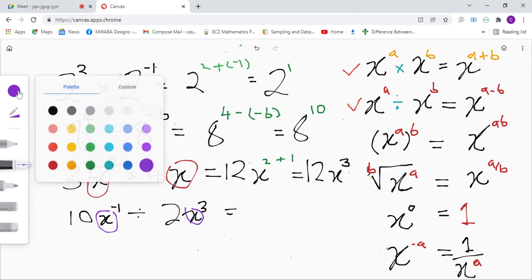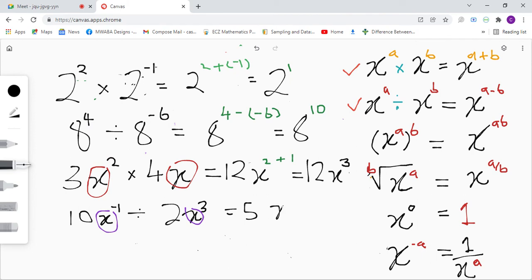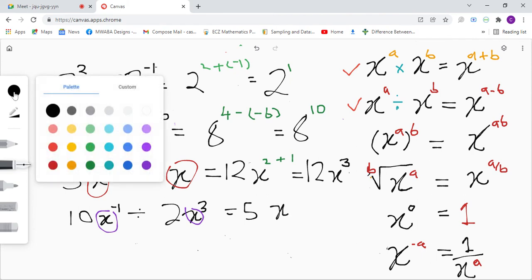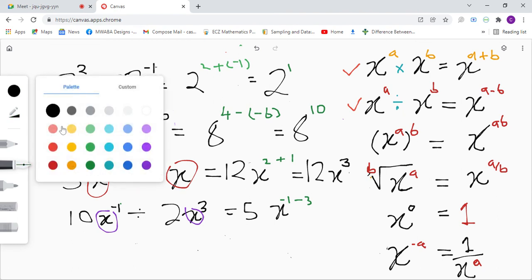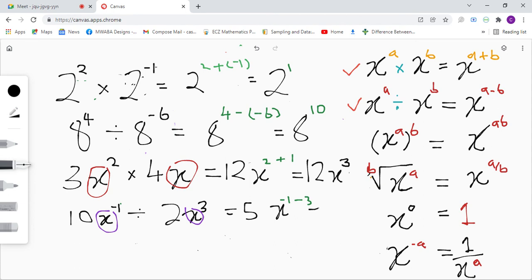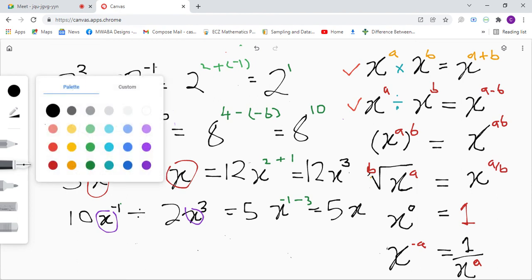We first divide these numbers: 10 divided by 2 is 5. Then we have x, so we have negative 1 minus 3, with our indices being negative 1 and 3. Our answer is going to be 5x to the power negative 4.